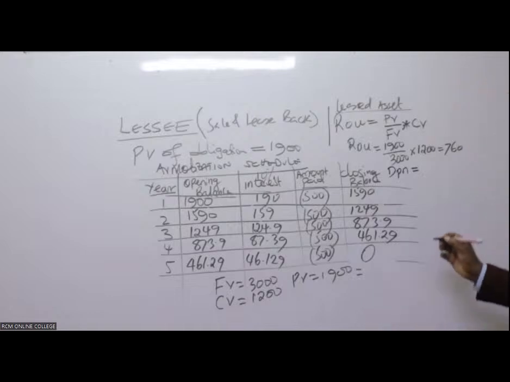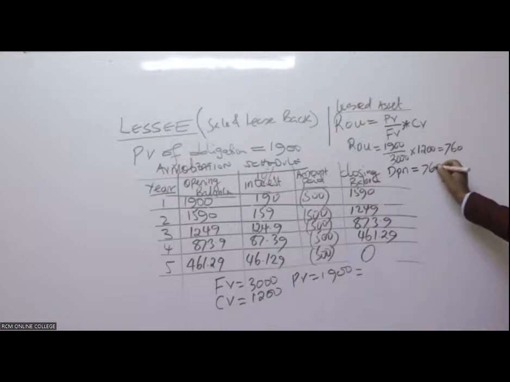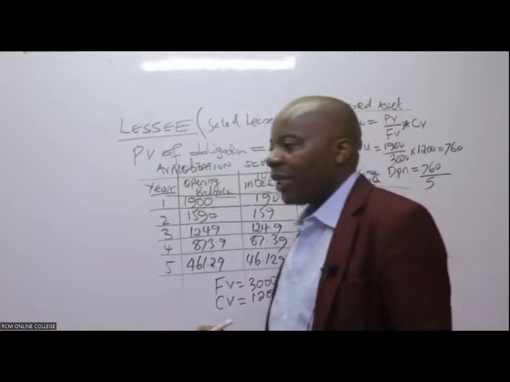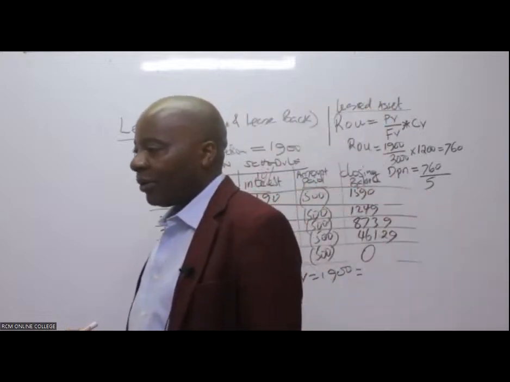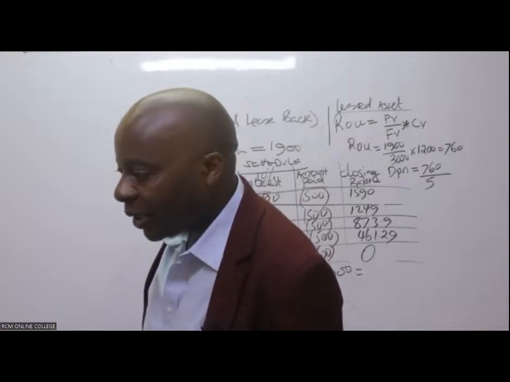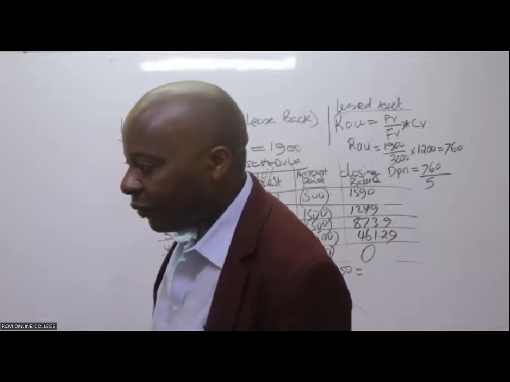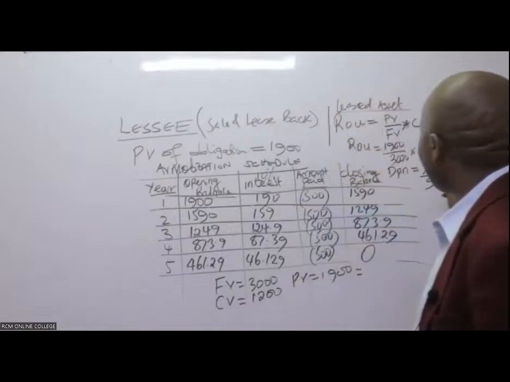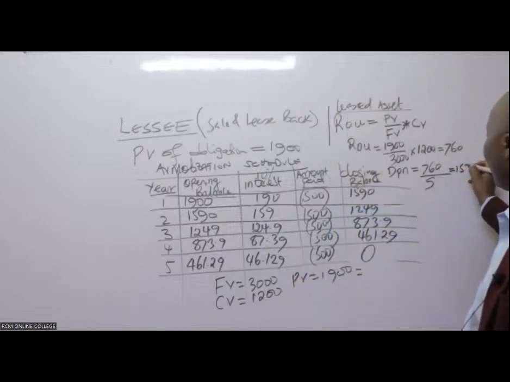So depreciation will be 760 over the lease life. Lease life is 5 years. So 760 divided by 5 gives me 152. This is very important for us.